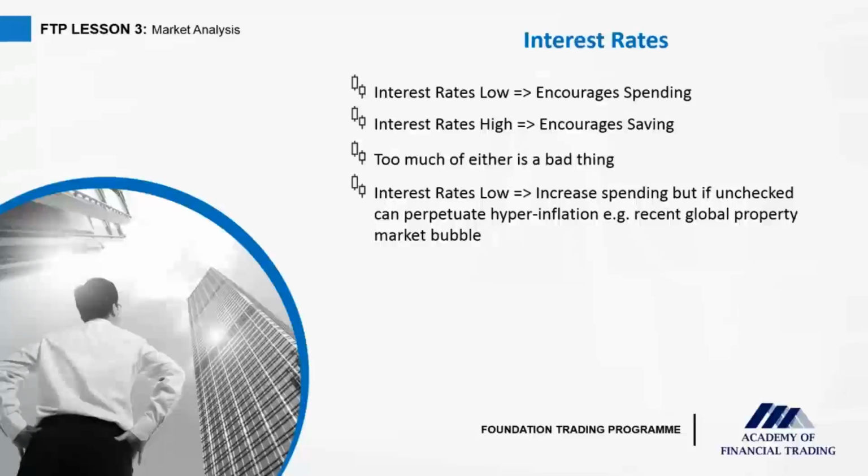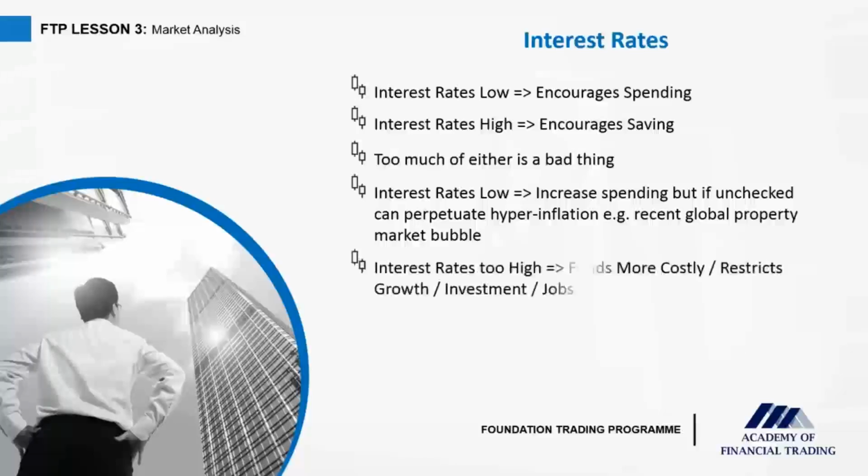So can you see how very dangerous hyperinflation can be to an economy? If you do want to read up on hyperinflation, you can look at Germany in the 1920s and more recently Zimbabwe in 2008-2009. So arguably a major contributing factor to the global housing bubble was probably easy access to cheap funds, which saw huge increases in global property prices for all of us to see and experience.